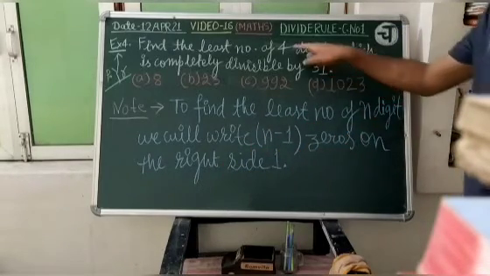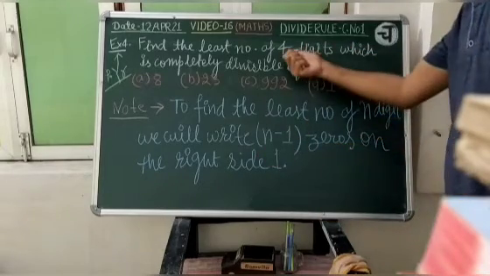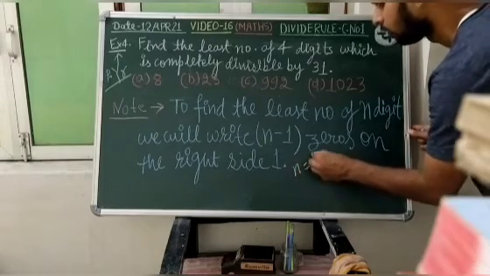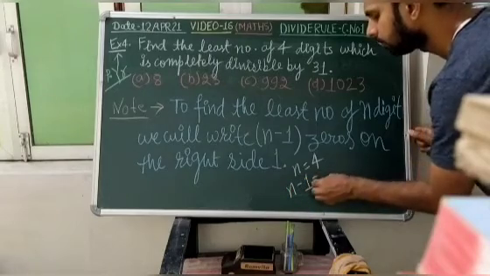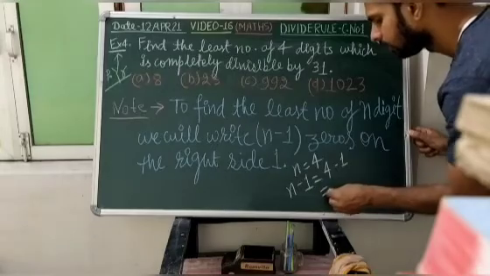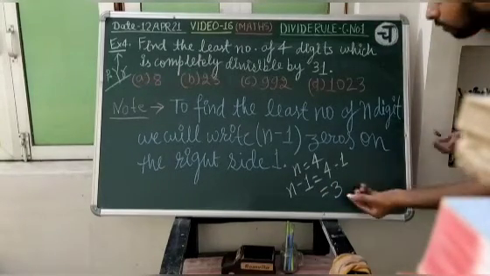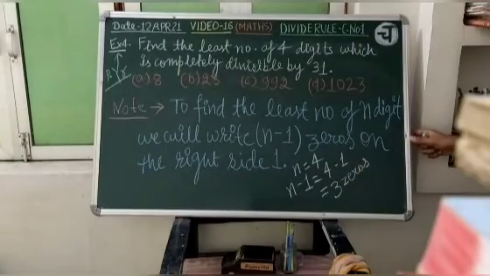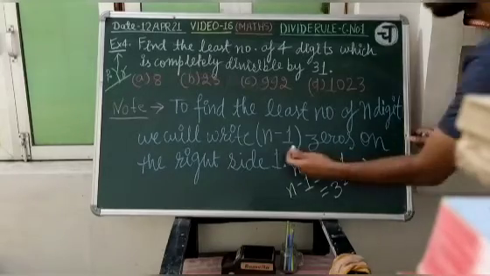Here our n is 4, meaning we want to find the least number of 4 digits. So n is 4, and n minus 1 will become 4 minus 1, which is 3. So 3 zeros we will write on the right side of 1.